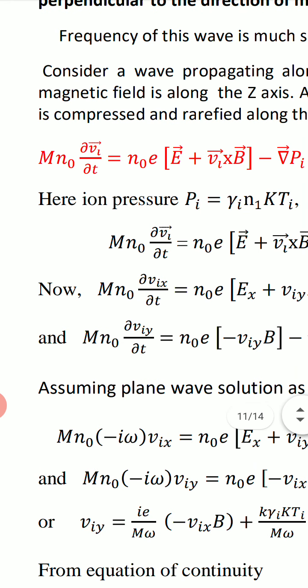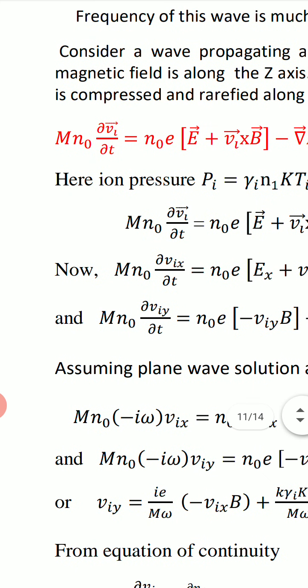Here N0 is the density of ions. It is the number of ions per unit volume.